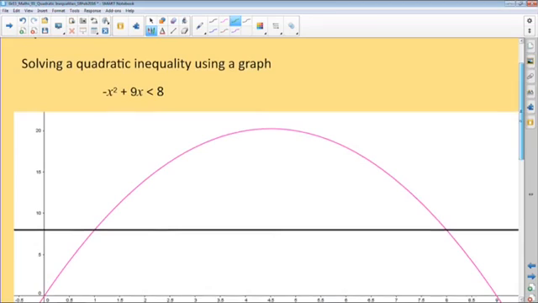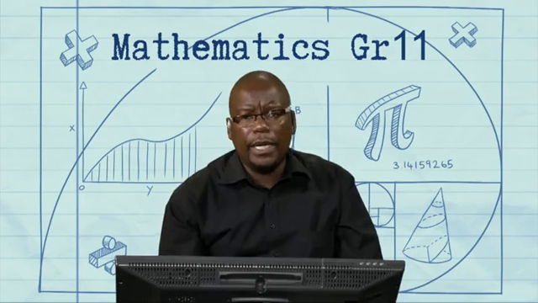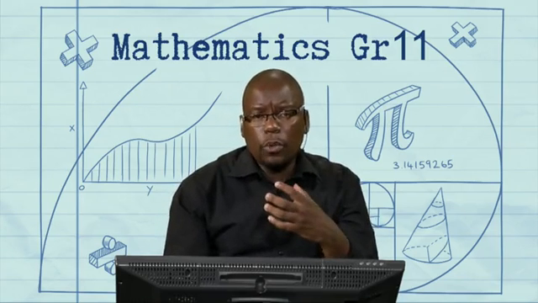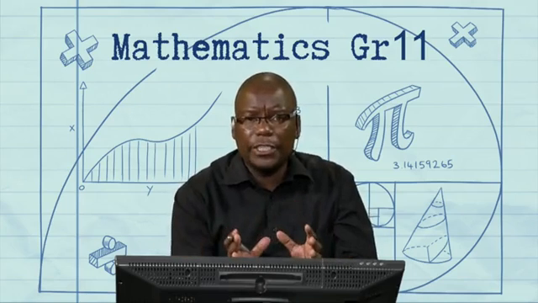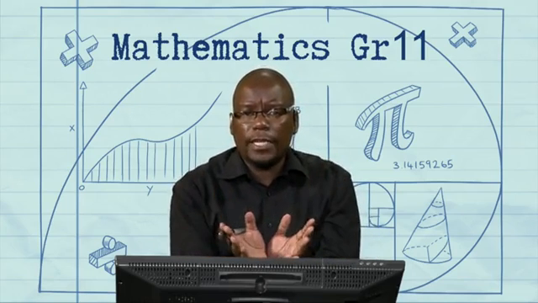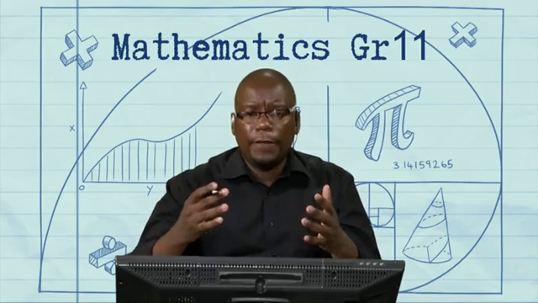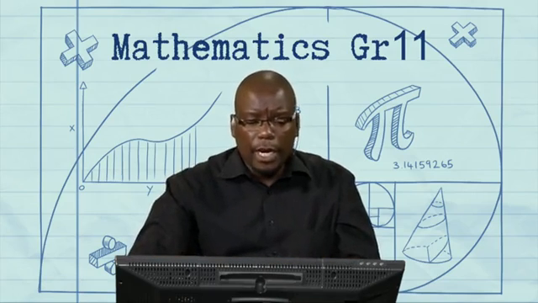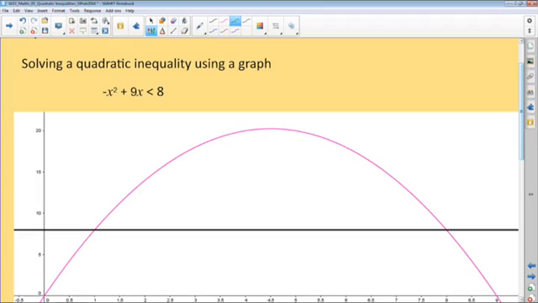Now, solving a quadratic inequality using a graph. This is a very interesting one whereby you are using the quadratic functions, but you are checking where your function is below the x-axis or above the x-axis, all right? So now, we look at minus x squared plus 9x, right?